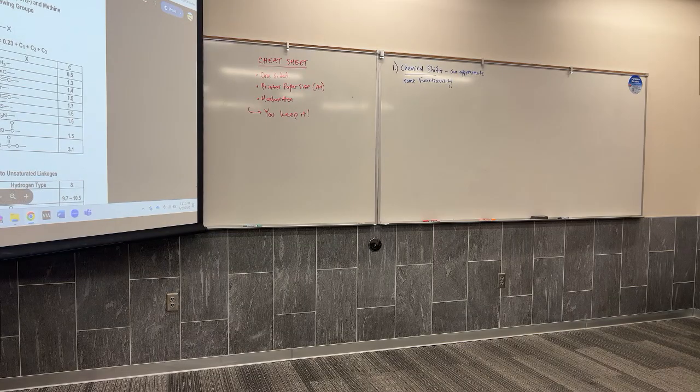Then there's this second table, which is kind of a calculator. It says if you've got a CH2 and one of your X groups is one of these and your other X group is one of these, then you can plug it into this equation and you can predict the chemical shift.